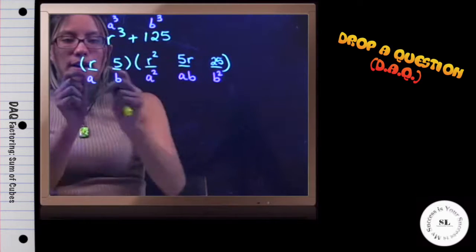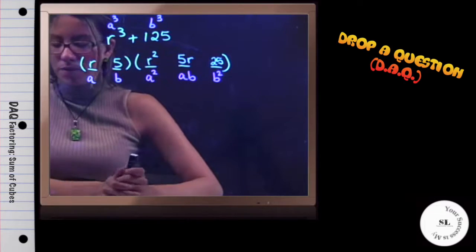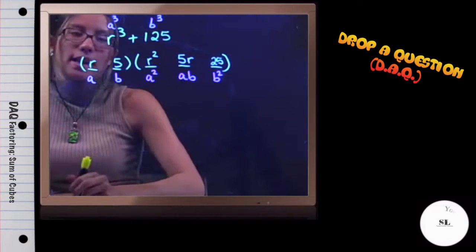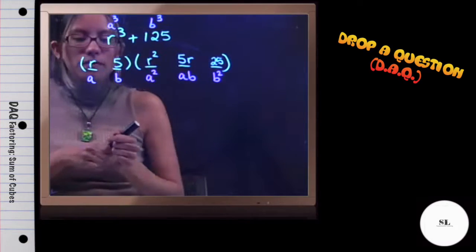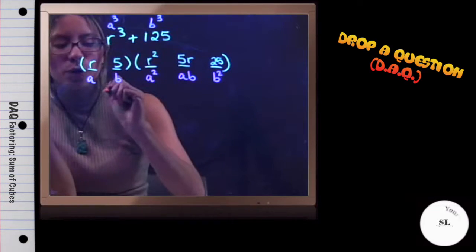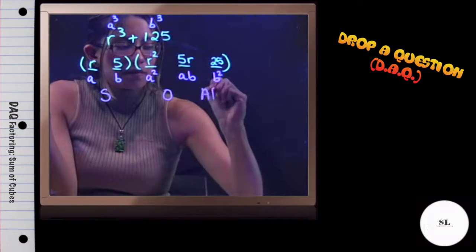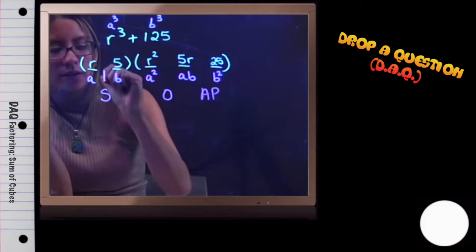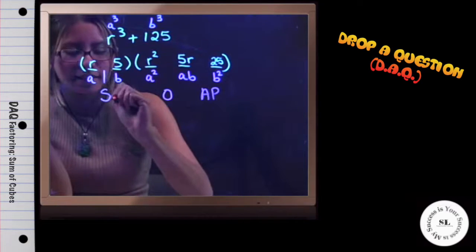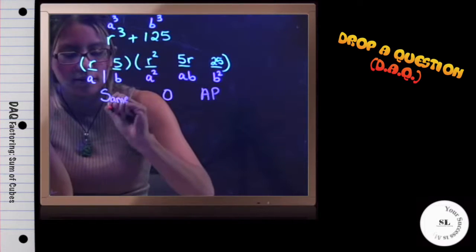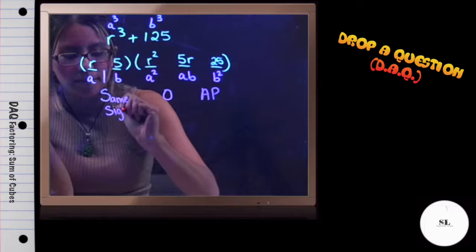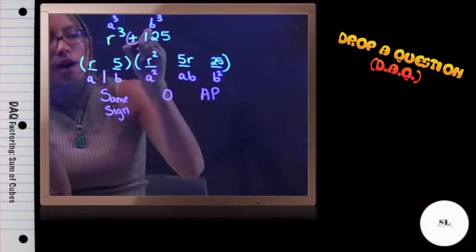And already we have filled out the first group and the second group. Now to go back and fill in the signs, we're going to use SOAP. SOAP stands for same sign. And this is same sign from the original problem here.